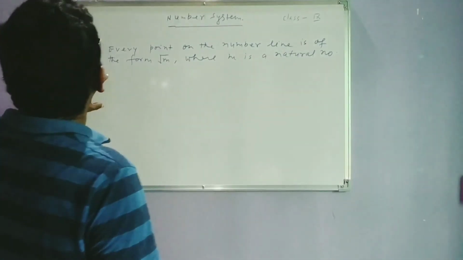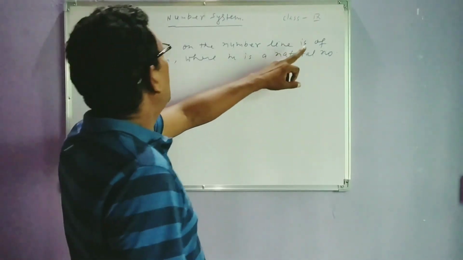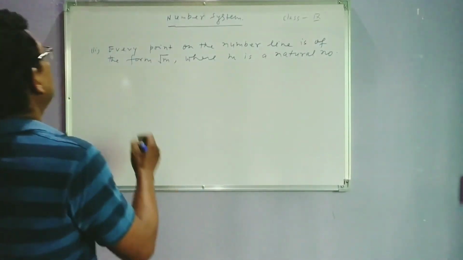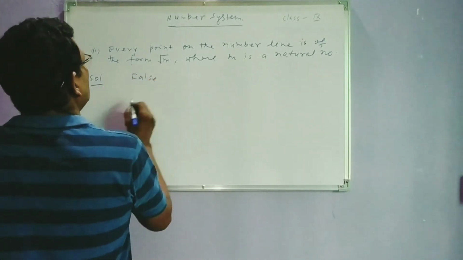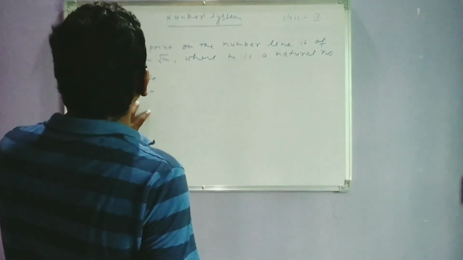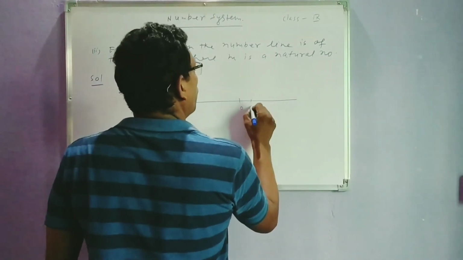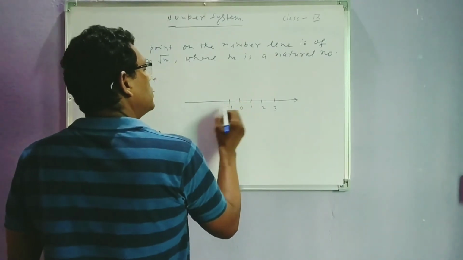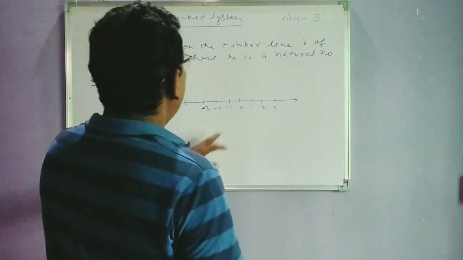Now we will discuss part 2 of question number 1. Every point on the number line is of the form root m, where m is a natural number. This is false. Reason. To understand it, we first draw a number line. 0, 1, 2, 3, and so on. Then minus 1, minus 2, minus 3, and so on. This is a number line.